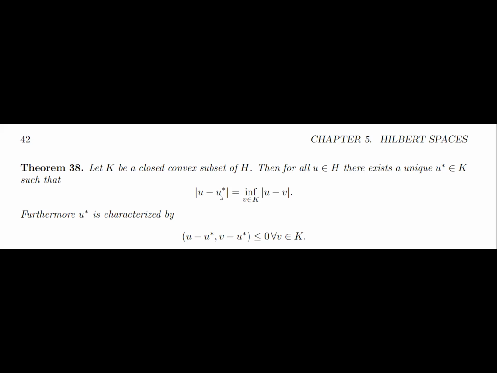So you have a u star in K which makes the minimum over all the v's in K. And furthermore, u star is characterized by this inequality.